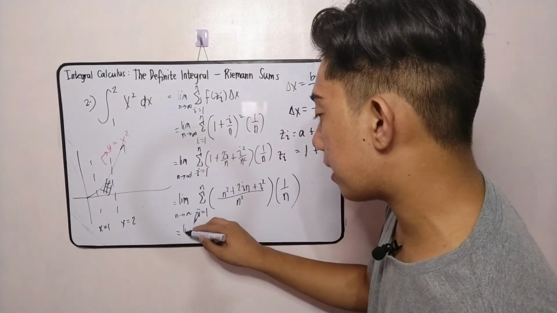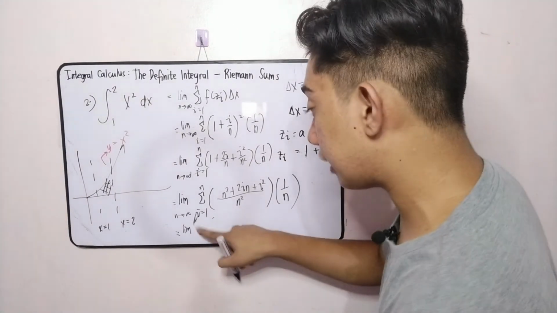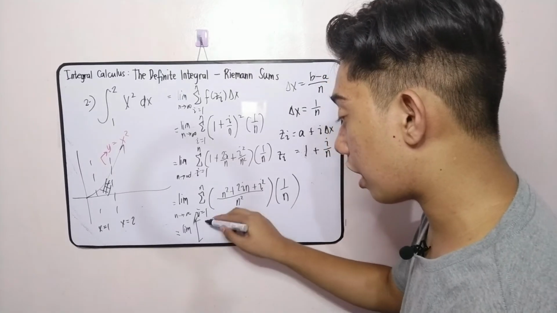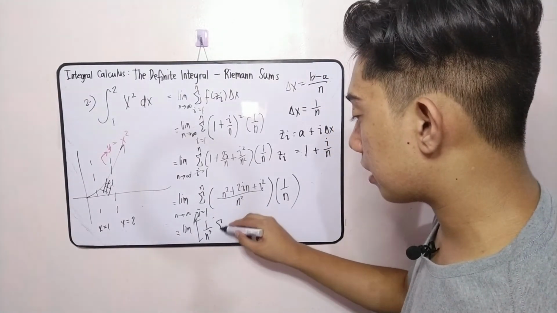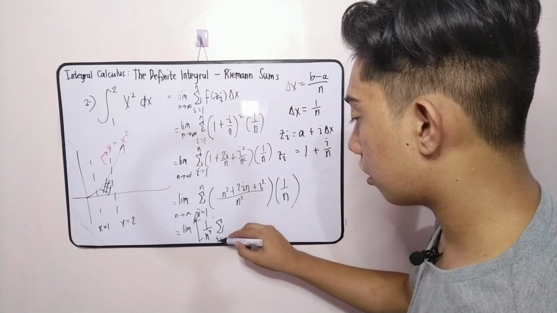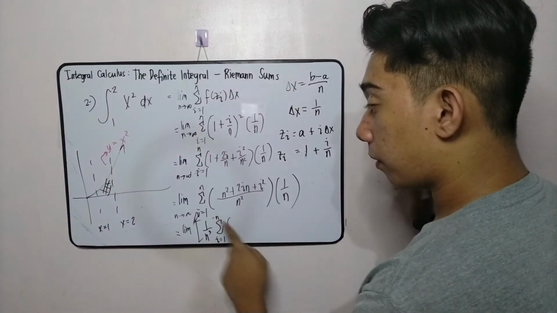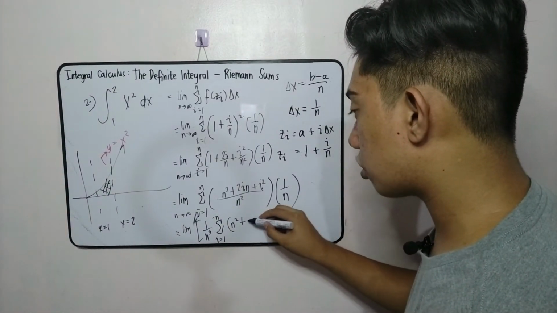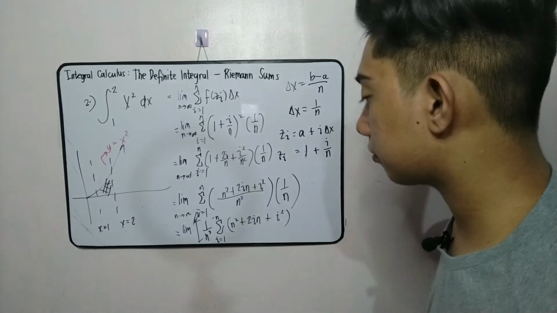The next, what happens is that the limit of the summation, we will take out the 1 over n raised to 3 or 1 over n cube. And this becomes the summation of i is equal to 1 to n of n squared plus 2in plus i squared.